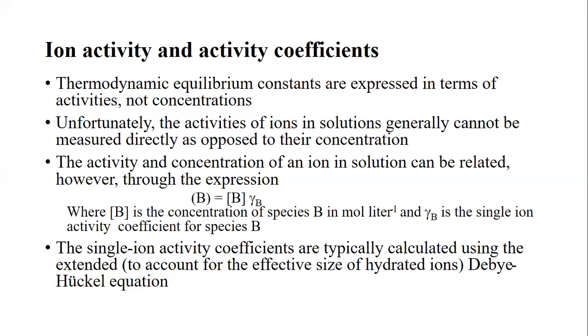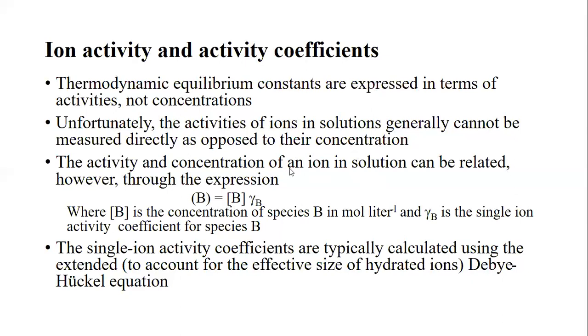But for the thermodynamic equilibrium constant, we need the activities. So unfortunately, the activities are not available directly. So how do we get them? We are going to see how we obtain these activities.